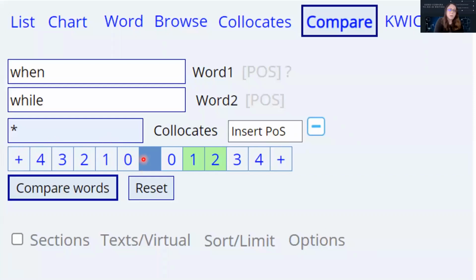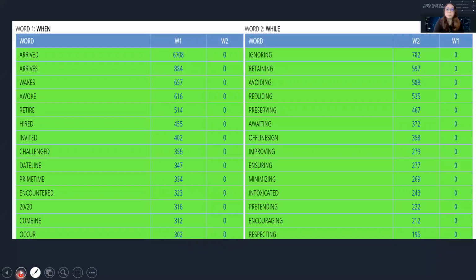And here, this is going to show you how many words in front you want or how many words behind you want. So this is only going to look at a sentence and 2 words behind when or while. This just gave me the best result, and you learn how to do this by experience. Just do it, see what happens.